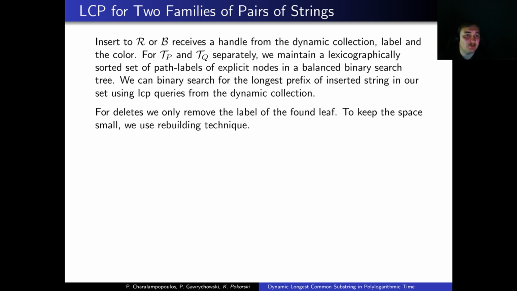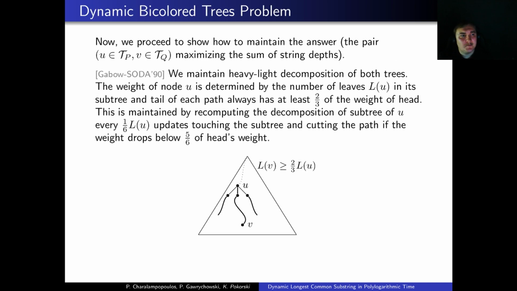If we care about space, we can rebuild the tree every some time. And on these compact tries, we maintain heavy light decomposition. Of course, this should be dynamic. This is easy. We can still rebuild this heavy light decomposition every some time, whenever needed.